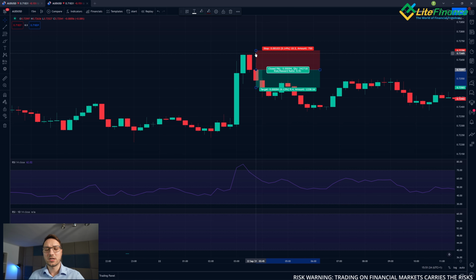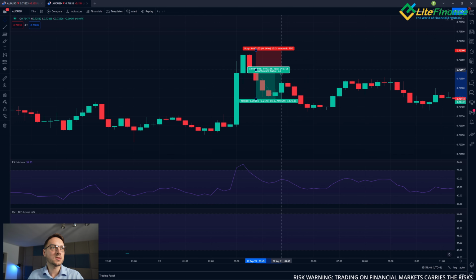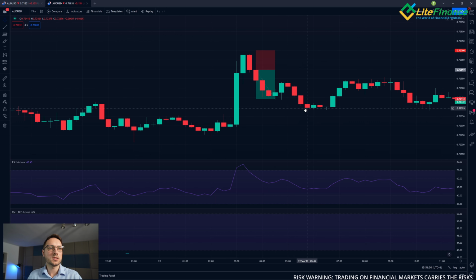I am just saying that I most often add one pip plus spread and commission, depending on your broker. So this would be our level for the stop loss, and we are targeting a 1.5 risk reward ratio, so it will be over here. And as you can see, this example was simply profitable.